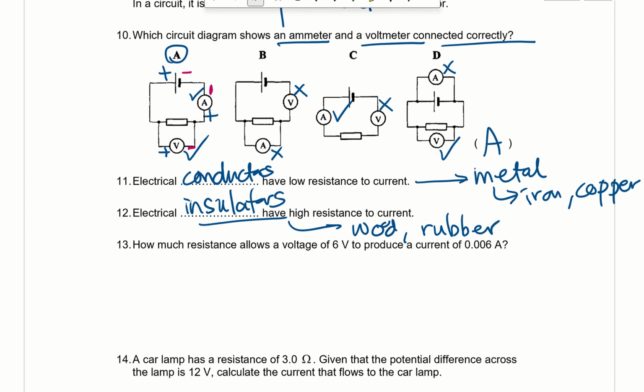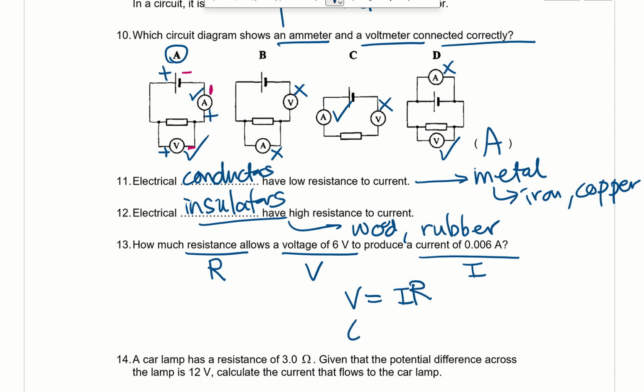Question 13. How much resistance, this is my letter R, allows a voltage of 6 volts, this is my letter V, to produce a current of 0.006 ampere, this is my I? So you need to know the formula V equals IR. You need to memorize this formula. And if you were able to identify who are the numbers, what do they represent?